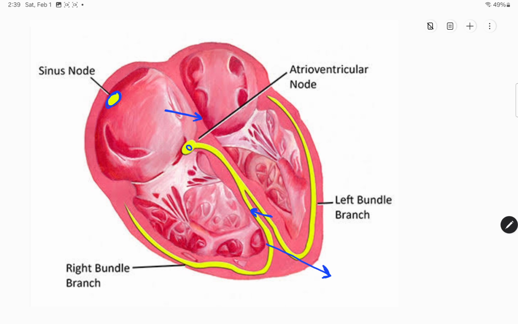Now we have discussed the atria, the AV node, the interventricular septum, and the ventricular apex. The only thing left is the ventricular base. In the case of the base, depolarization will be upward and rightwards. So these are small vectors, upward and rightwards.